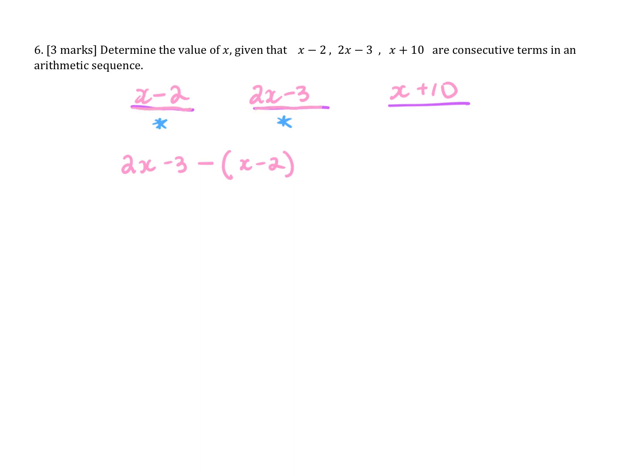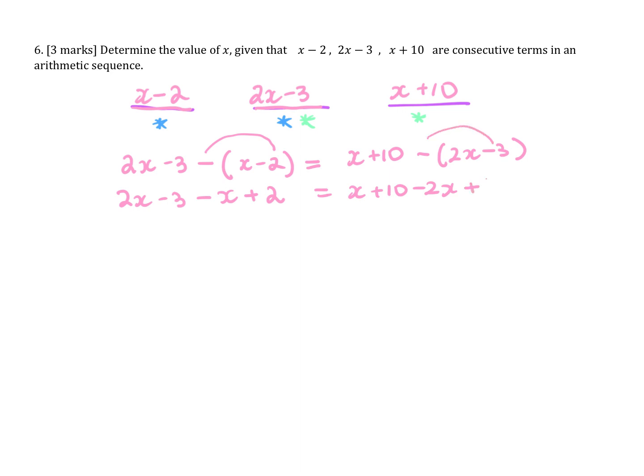Now remember, put brackets around that one, is equal to this one here minus this one here, because there's a common difference between both of them. Don't forget the brackets. Now the most problems actually happen in the next line, which is expanding this out. We've got 2x minus 3 minus x, and then minus is a positive, plus 2, equals x plus 10 minus 2x, again minus, plus 3.